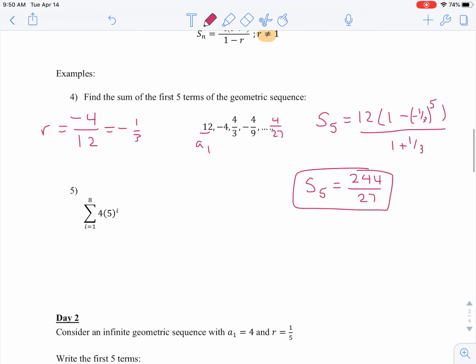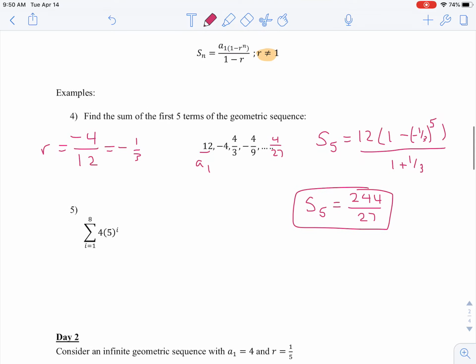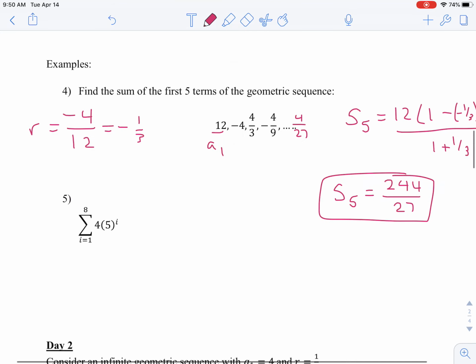Okay, last one is using that sigma notation. And again, I posted links on how to use sigma notation in both the 84 and 89. So go ahead and do that. Here, what we should notice is that if I plug in a 1, that's going to give you my initial term.